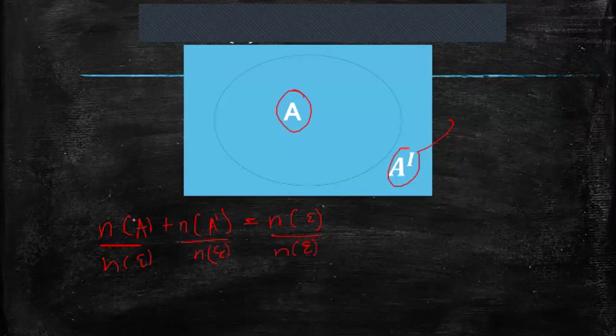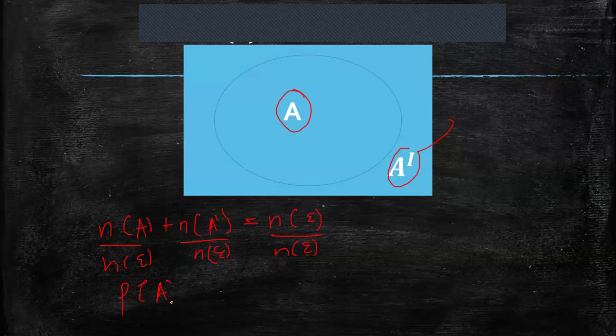So when we get number of A divided by number of the universal set, this gives us probability of A, plus number of A prime divided by number of the universal, this gives us probability of A prime. And we say this is equal to 1 because number of universal divided by number of the universal will give us 1.